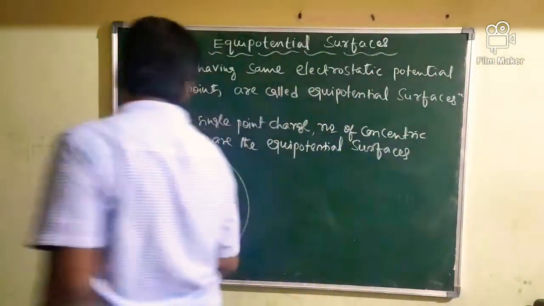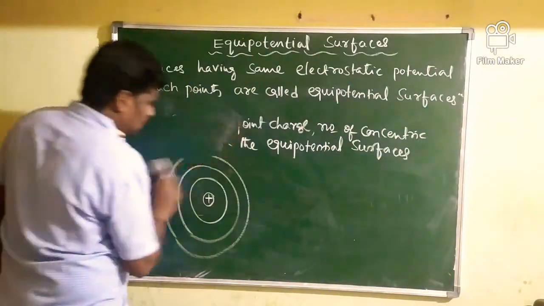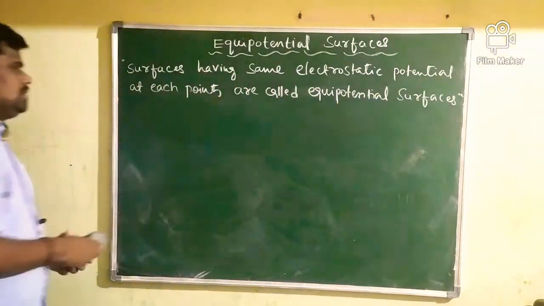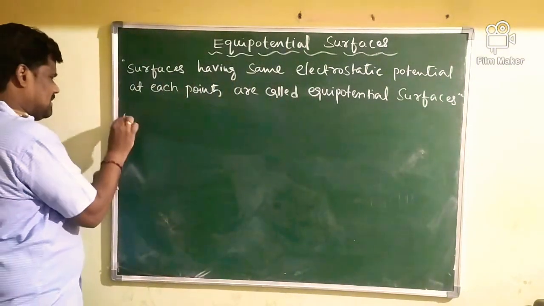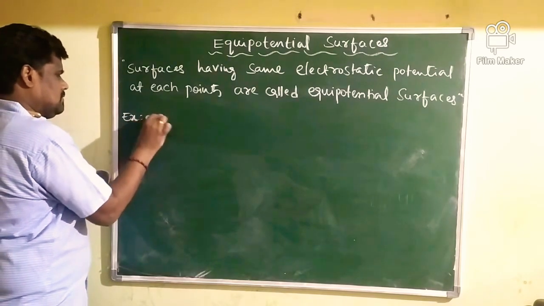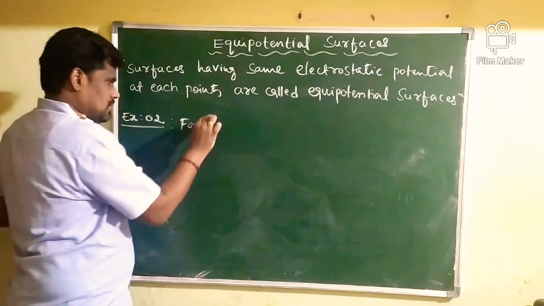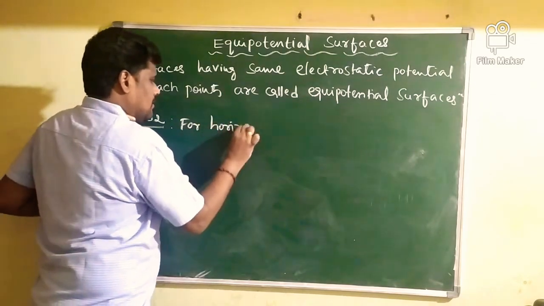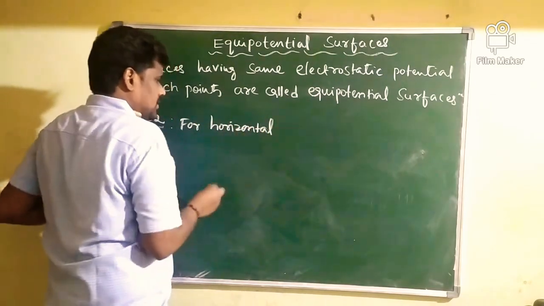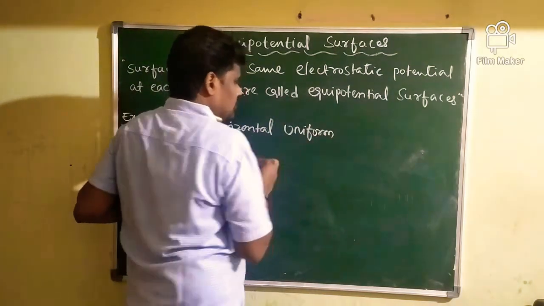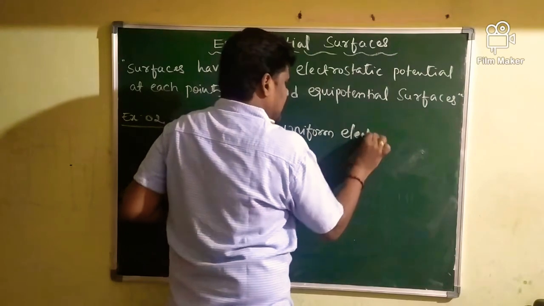So let me consider the second example here. Example 2: the second example is for a horizontal uniform electric field.